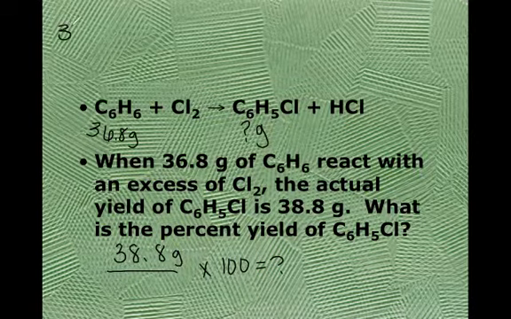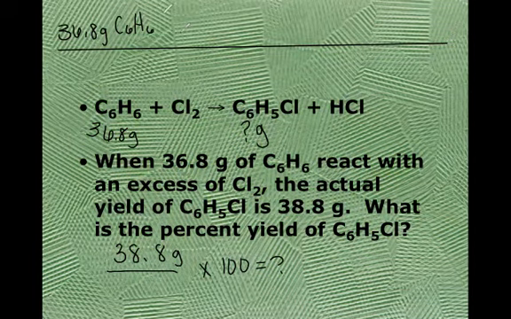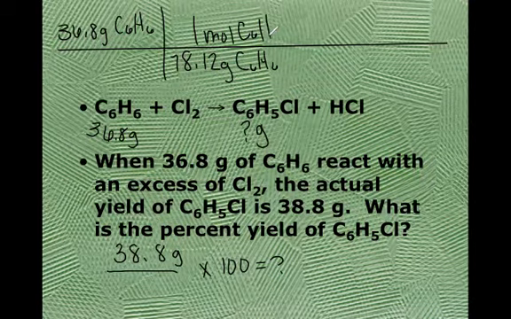So we want to start with 36.8 grams. Carbon's 12.01 times 6 plus 1.01 times 6 is the mass of 1 mole. Those cancel out.